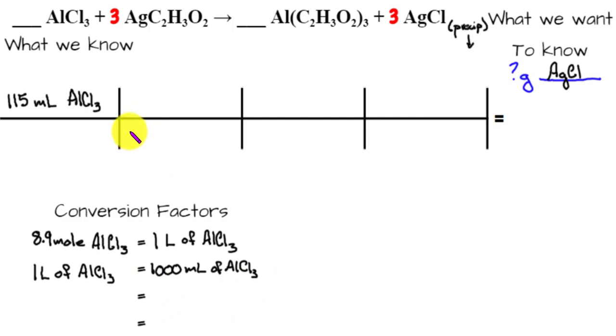I'm going to want milliliters to be on the bottom: 1,000 milliliters of aluminum chloride for every 1 liter of aluminum chloride. I do this so that the milliliters cancels the milliliters, leaving me in the units liters. Okay, so that's pretty cool.